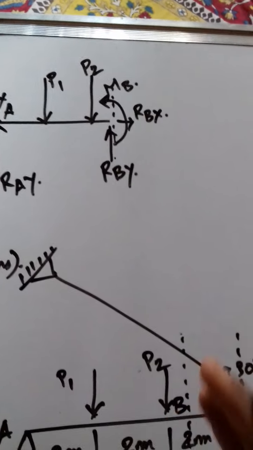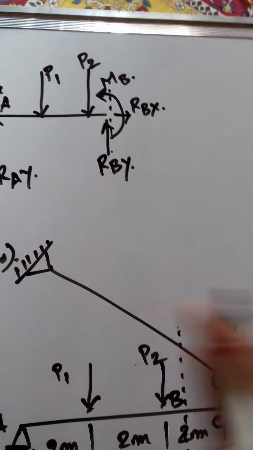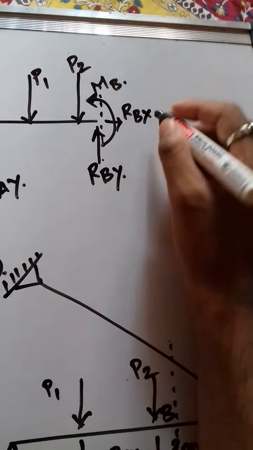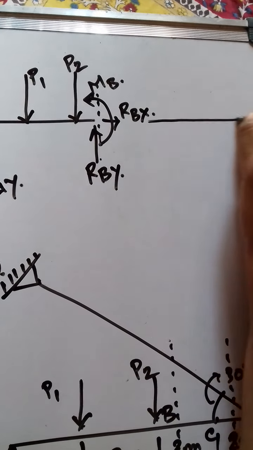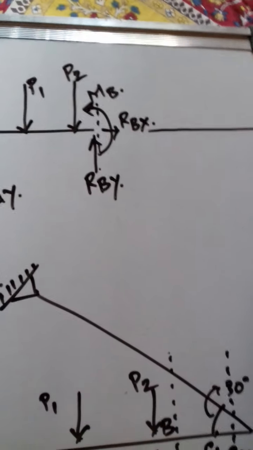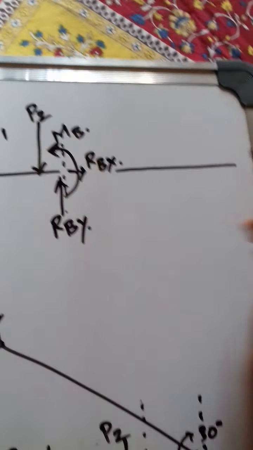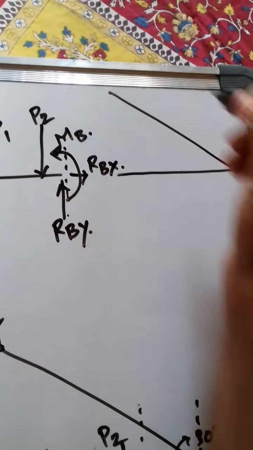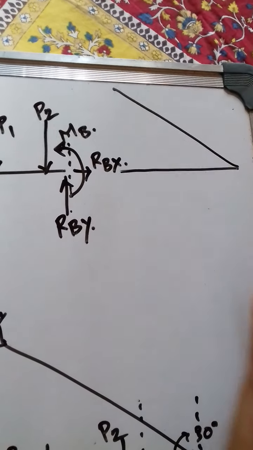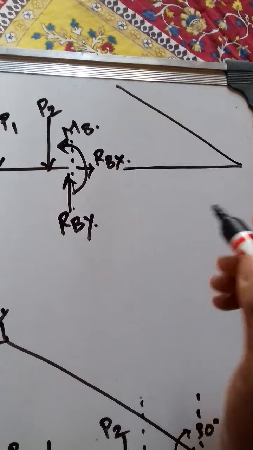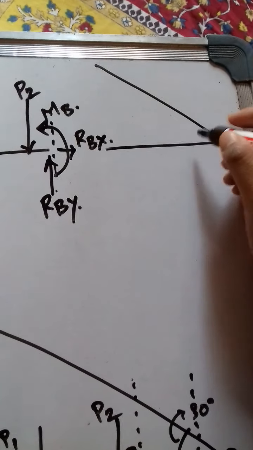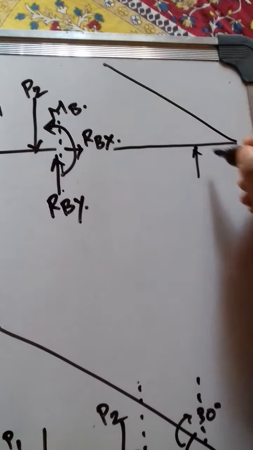Now we will do the extreme right of B, that is it will continue, the figure is something like this, this is a lever kind of thing.